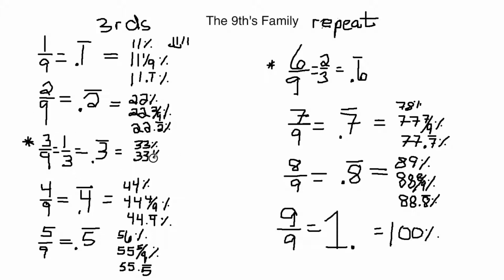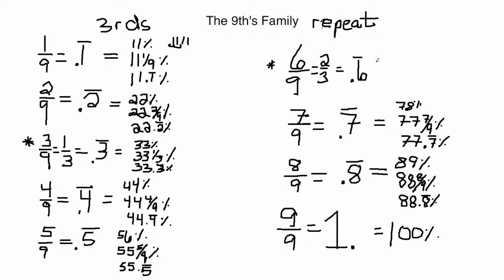So it has to be 33 and 1/3%. That's the only tricky part. A lot of people want to put 3/9, but 3/9 is not in its simplest terms. And then you have 33 and 3/10 repeating percent.